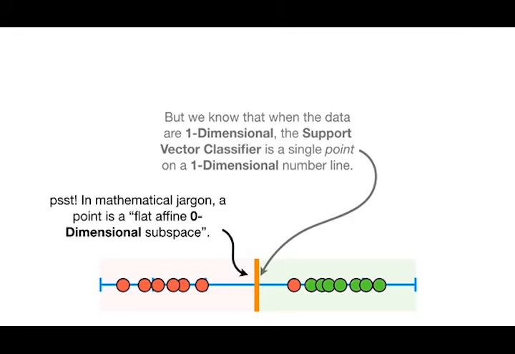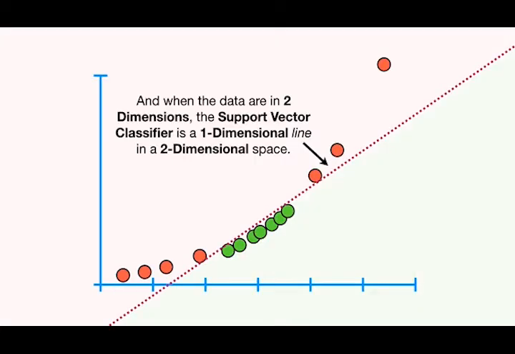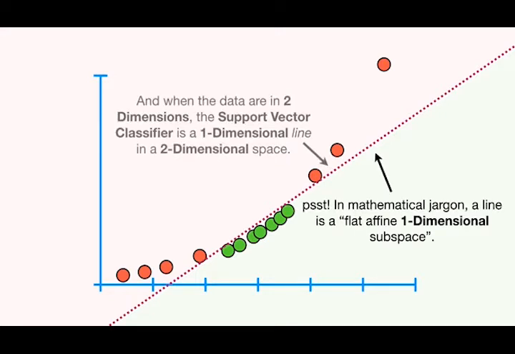In mathematical jargon, a point is a flat affine zero-dimensional subspace. And when the data are in 2 dimensions, the support vector classifier is a one-dimensional line in a 2-dimensional space. In mathematical jargon, a line is a flat affine one-dimensional subspace.